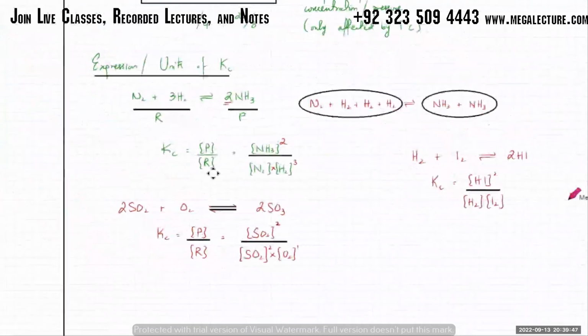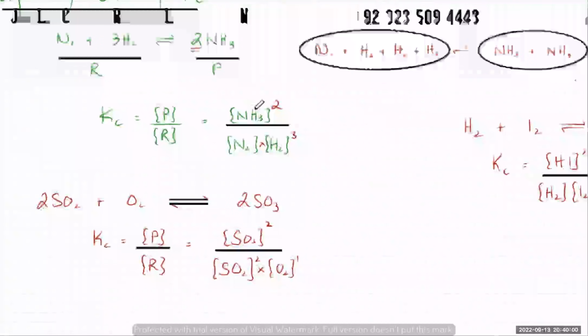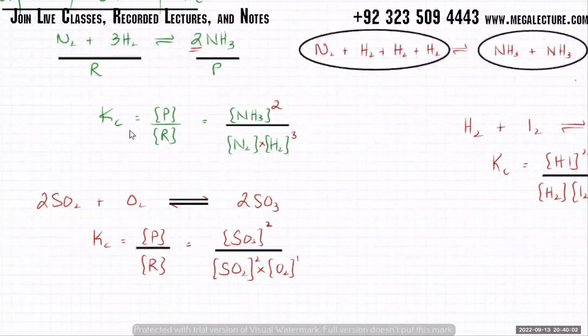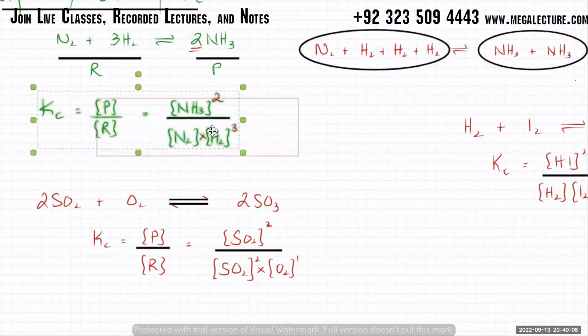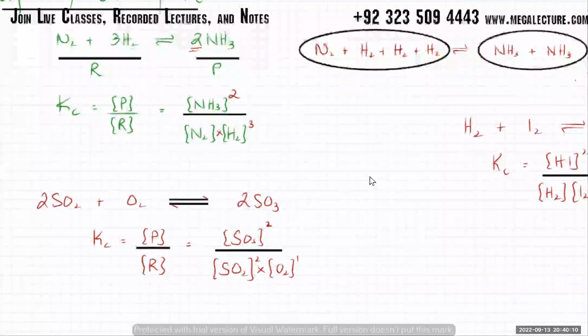Now, one thing is the expression, the other thing is the unit as well, okay? So Kc has a unit as well. Every time Kc will have a different unit. What is this? Concentration squared. So I'm going to try and find the unit for this. You do something similar to what you do with homogeneous equations in physics. So how do you find the unit? What is the concentration unit?